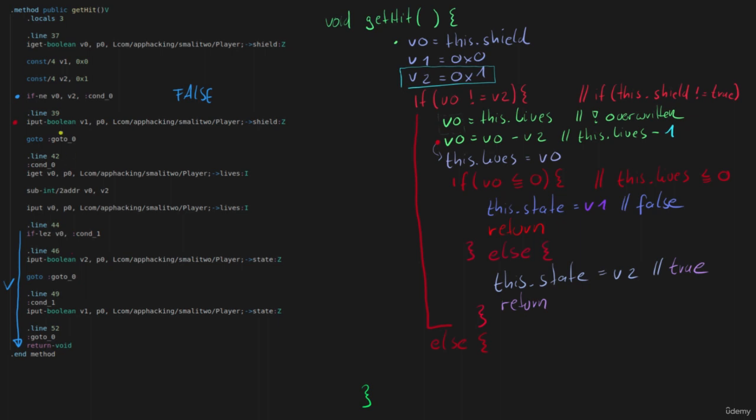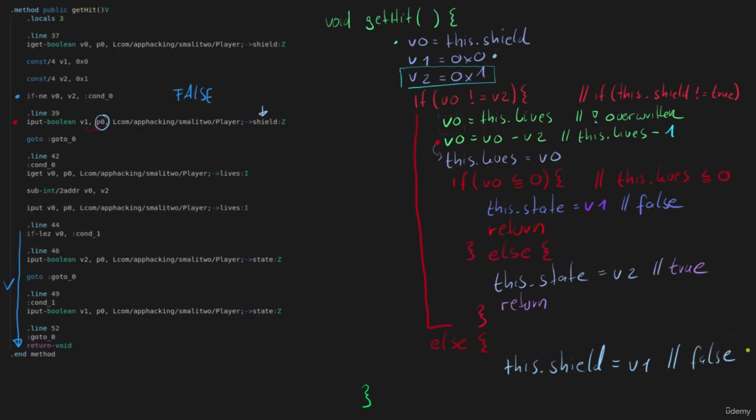Let's see. We are putting v1 into p0. So again, this is our this object, and it's this dot shield. So this dot shield is now equal to v1. Let's see what v1 is. v1 is false.